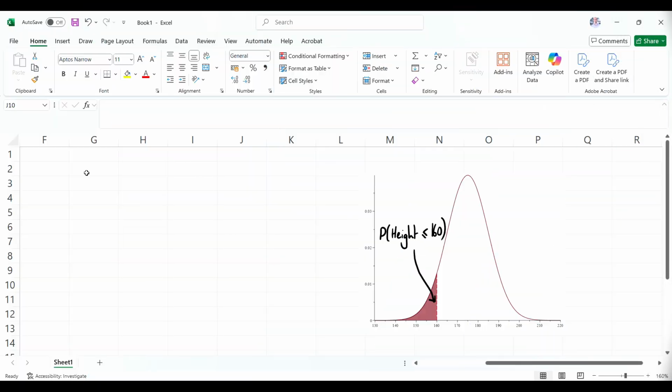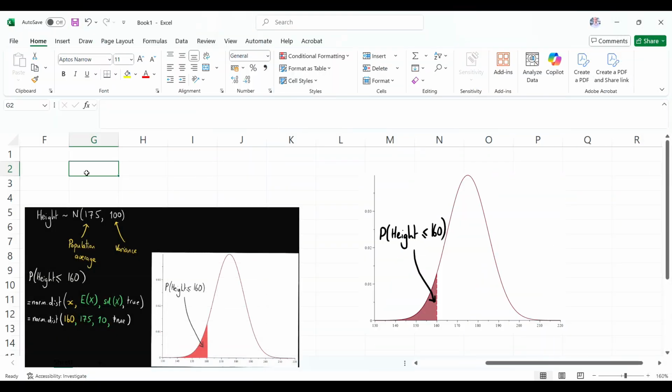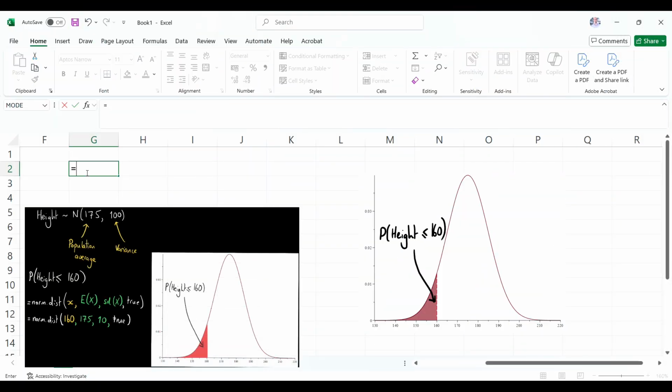Now let's see how this works in Microsoft Excel. We're going to use the formula that we've just specified, equals NORM.DIST. We want to find the probability that the height is less than or equal to 160, so we specify 160. The mean that we're looking at, the average height within the population, is specified as 175 centimetres, and the standard deviation, remember that's the square root of the variance, was defined as 10.